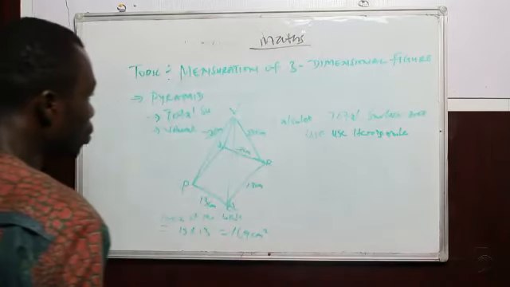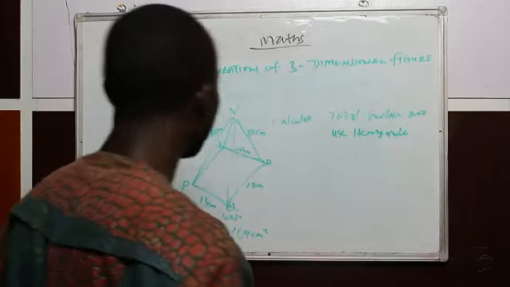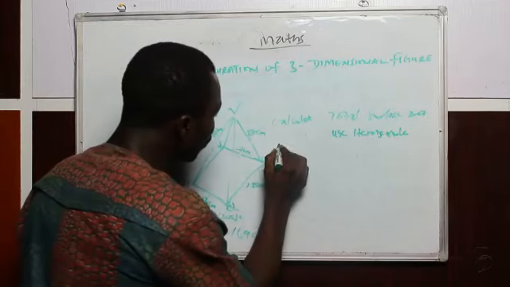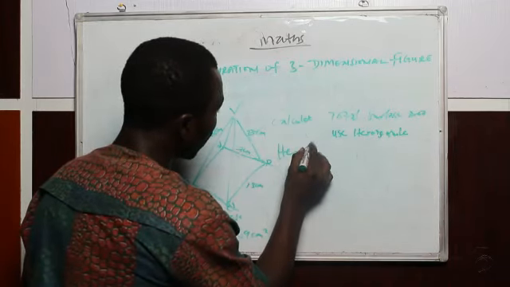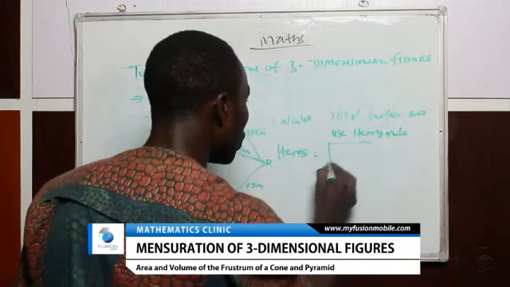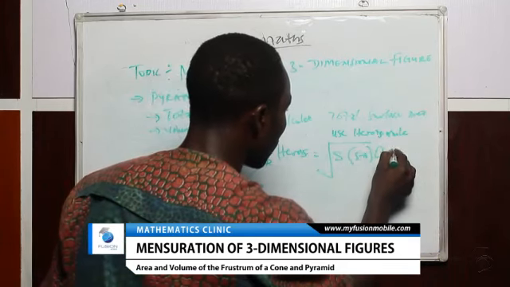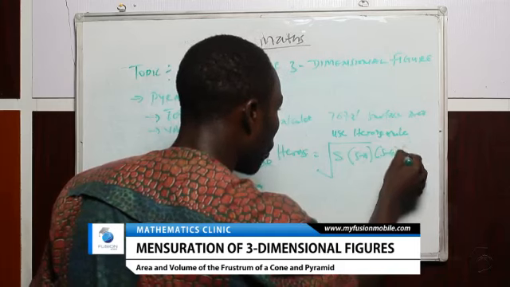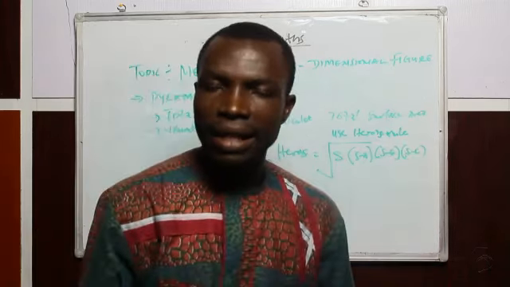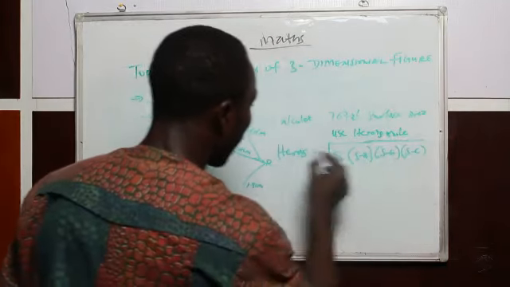If we use Heron's rule to calculate the area of the given triangle, it is equal to root x bracket into x minus a bracket into x minus b bracket into x minus c. That's Heron's rule.